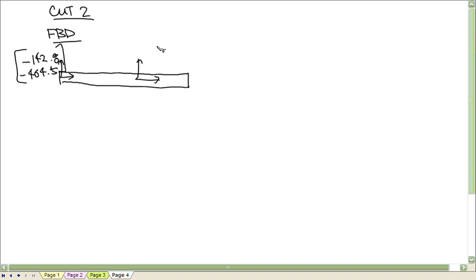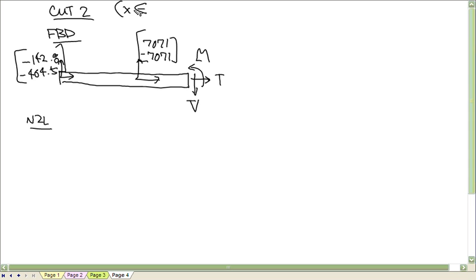So for any of these infinitely many values that we're considering, we're including this point force of 7071, negative 7071. And then we have tension, shear force, and bending moment. And this cut is valid for x between 0 and 0.5, non-inclusive.